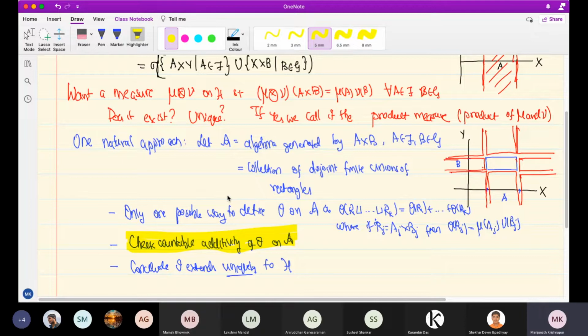So that's the part which requires checking. And we had given some things that make your life easier in this checking, using these compact classes and stuff like that. Anyway, this is one natural approach that we will not take.